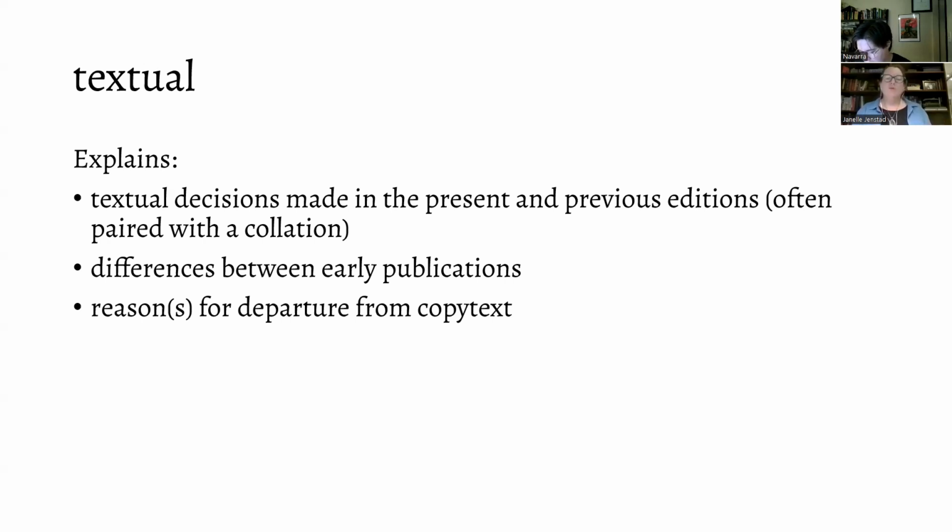But it's often really useful to point to key differences between those early publications, even if you're taking only one of them as your copy text, especially for really famous textual cruxes like "sallied," "solid," and "sullied" in Hamlet. So you can add a note, letting readers know that this is what this other text says.